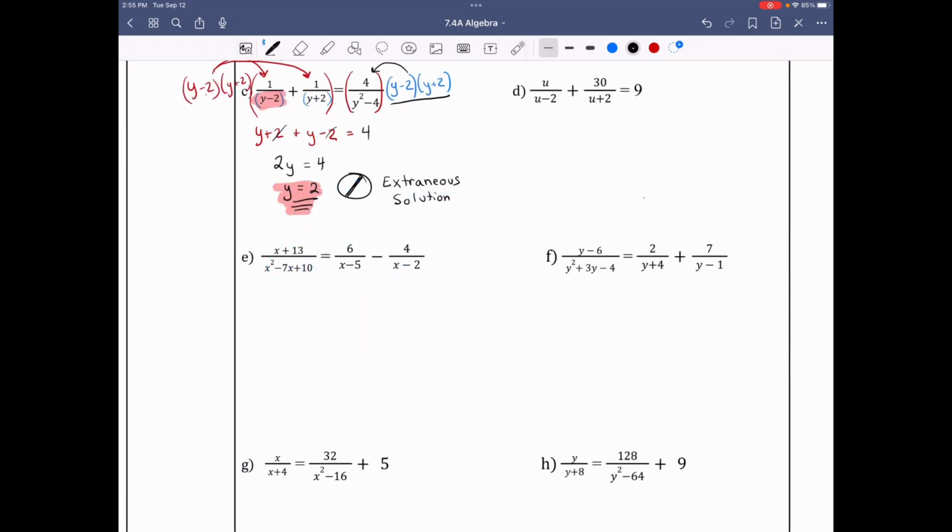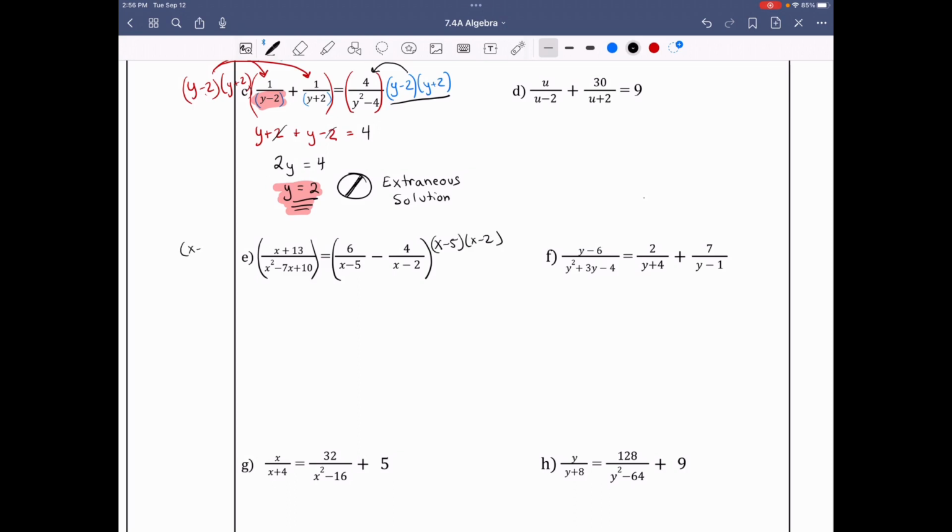For example E, we have to recognize that this factors into the same other factors, right? Like x squared minus 7x plus 10 can factor into x minus 5 and x minus 2. So if we multiply both sides by the LCD, we're just going to multiply by x minus 5, x minus 2.